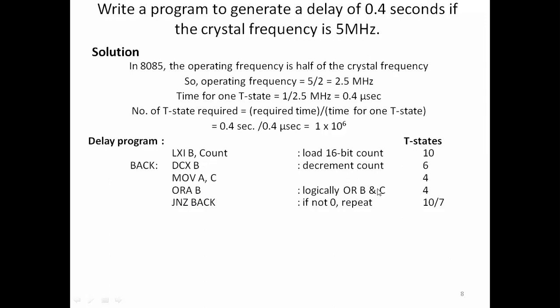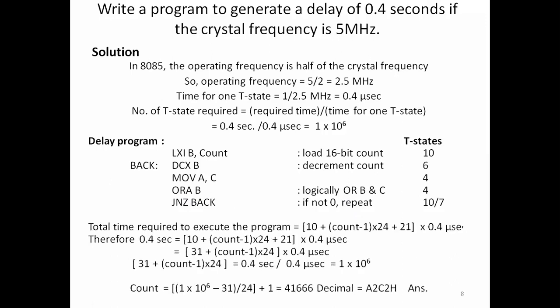So let us calculate the total time elapsed by this particular program, and then we are able to calculate the value of the count. The total time required to execute the program is the time elapsed in the instructions outside the loop as well as inside the loop. So the total time will be T loop plus T outside loop.